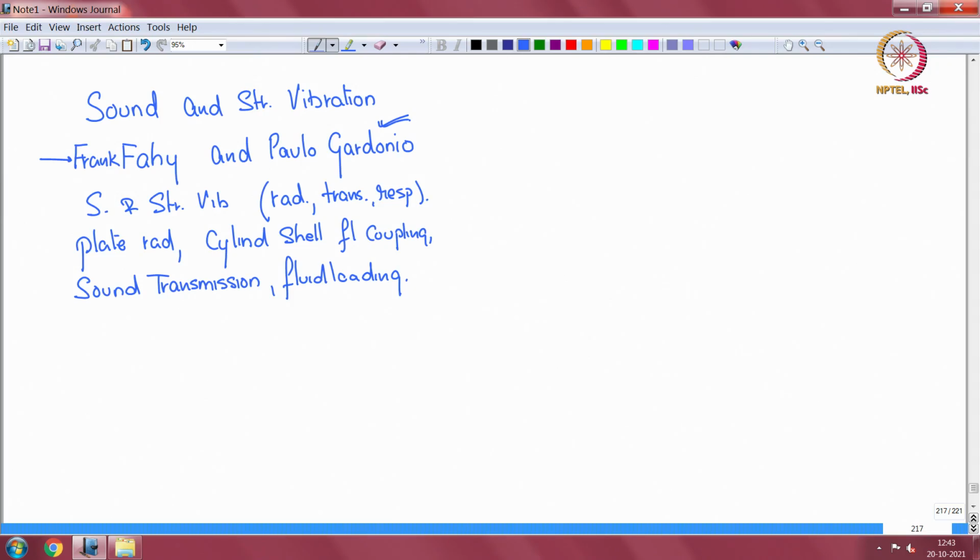Now I have more or less stuck with standard notation. So I have used K, K0 and Ka mostly for the acoustic wave number. I have used rho, rho A and rho 0 for the mean fluid density.